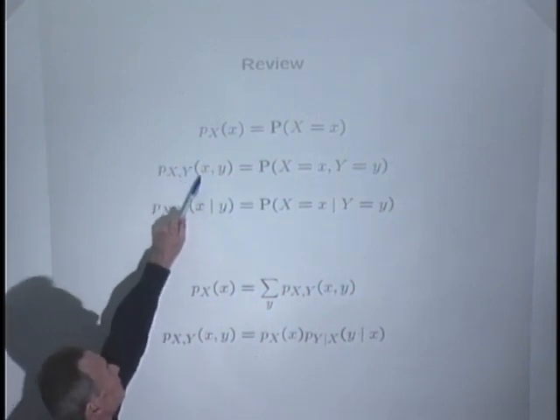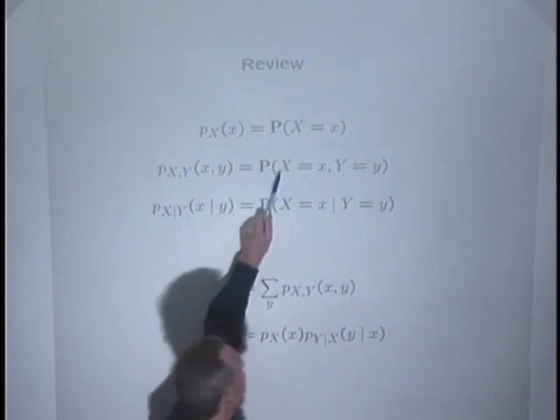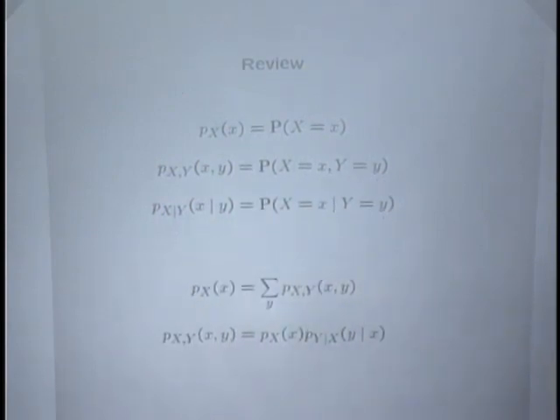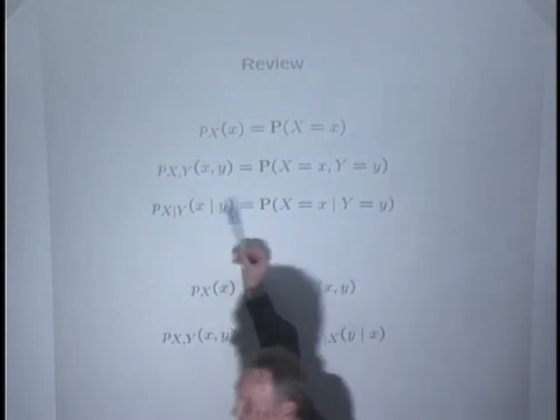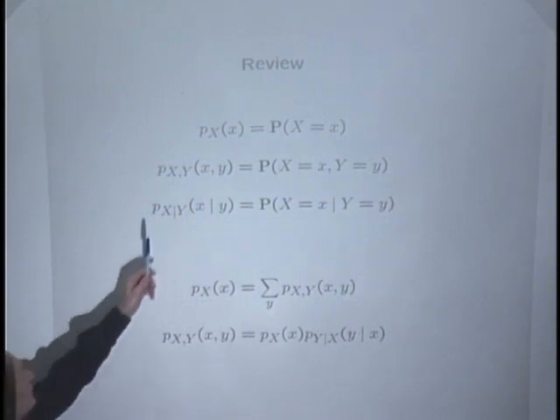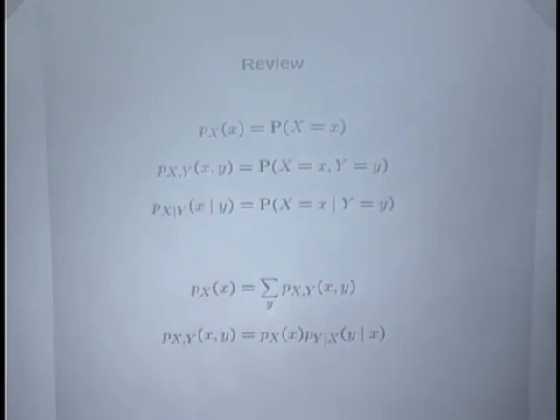It gives us, for any pair of possible values of those random variables, the probability that that pair occurs simultaneously. So it's the probability that simultaneously x takes that value and y takes that other value. And similarly, we have the notion of the conditional PMF, which is just a list of the various conditional probabilities of interest. Conditional probability that one random variable takes this value, given that the other random variable takes that value.